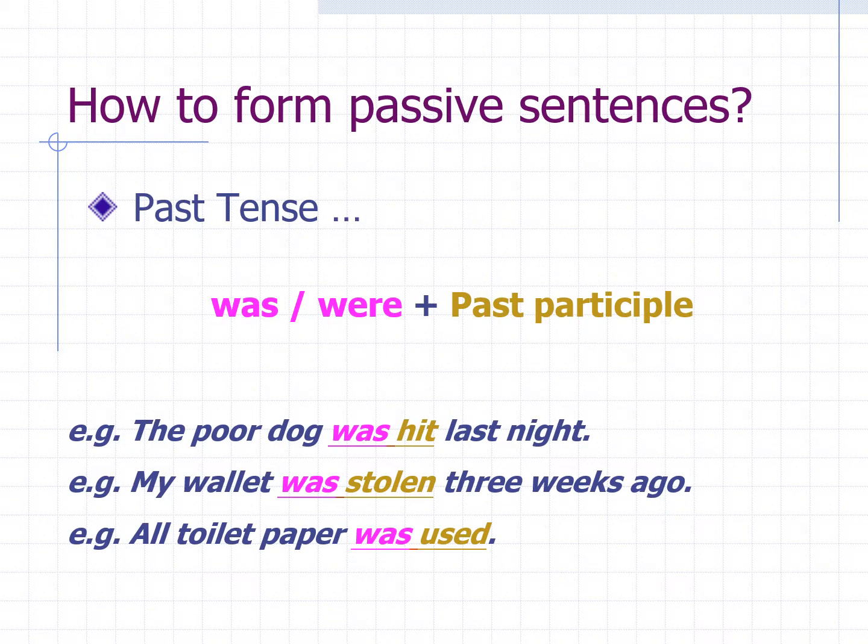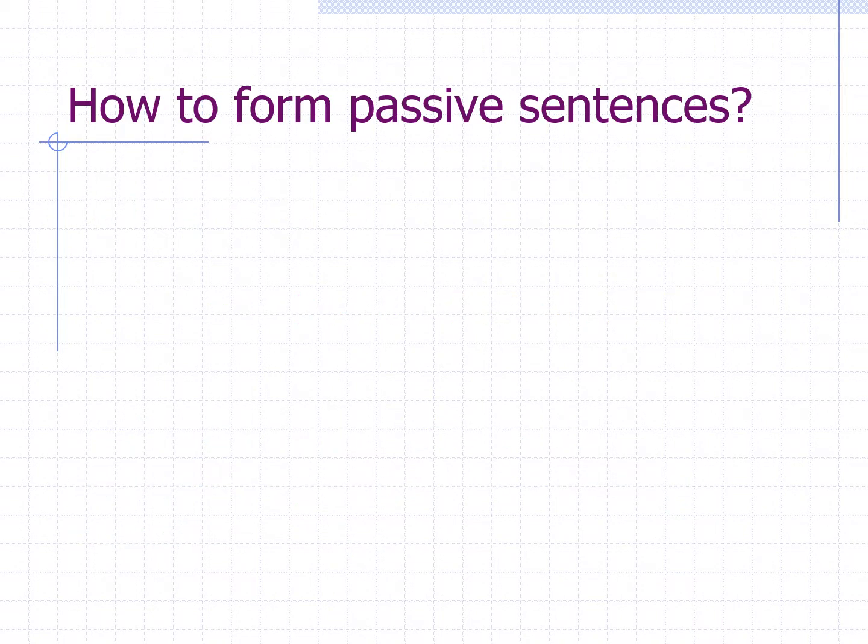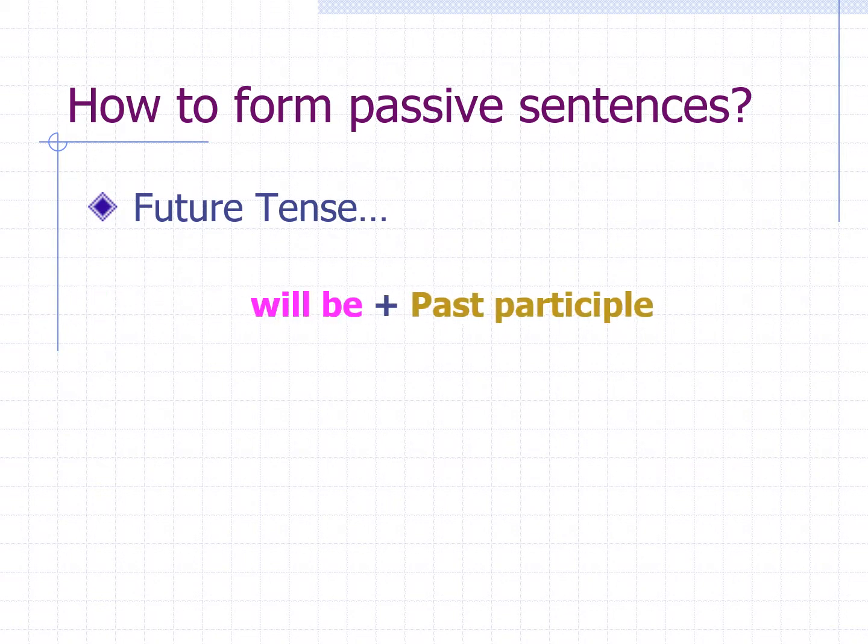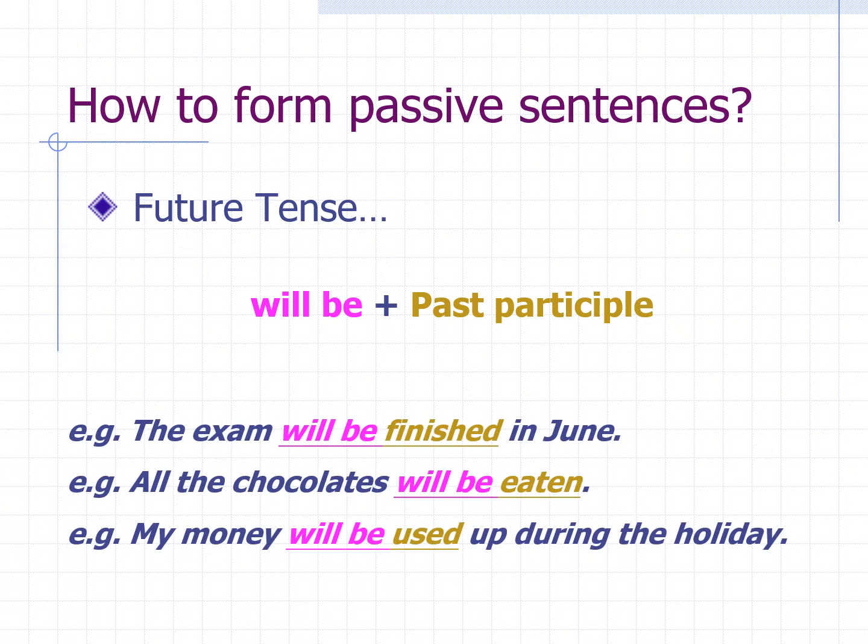All toilet paper was used. How about future tense? In future tense, we will use will be plus past participle. Look at these sentences. The exam will be finished in June. All the chocolates will be eaten. My money will be used up during the holiday.